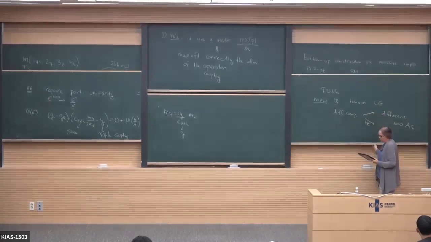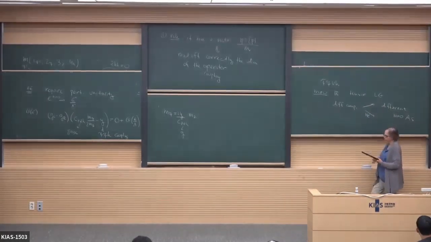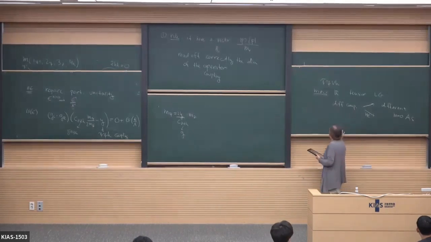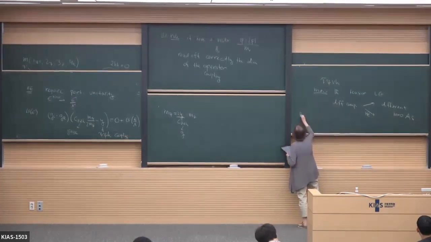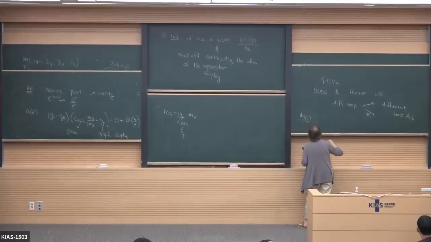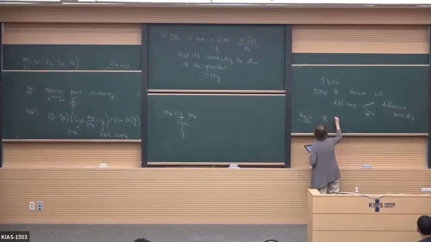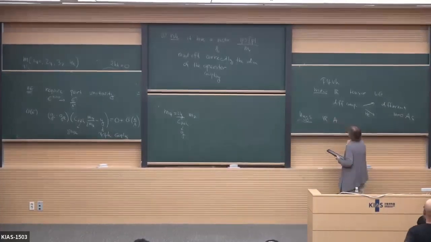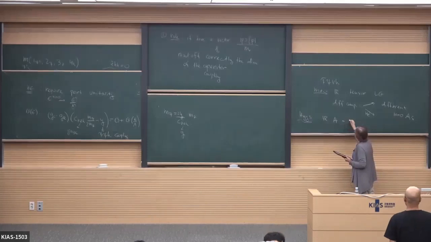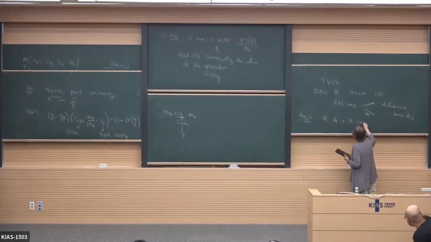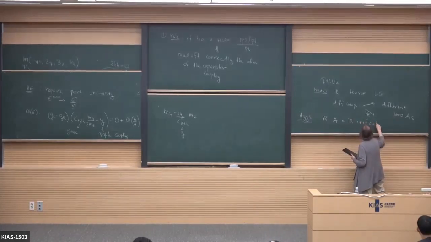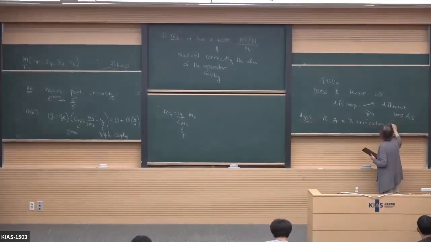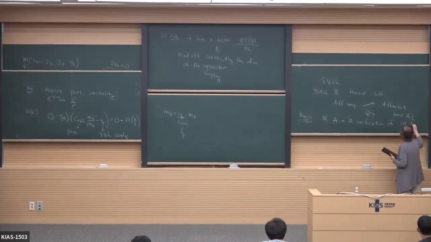And so the picture that we have is that the Higgs mechanism boils down to the IR amplitude, let me call it IR A for amplitude, being an infrared unification of different UV amplitudes.